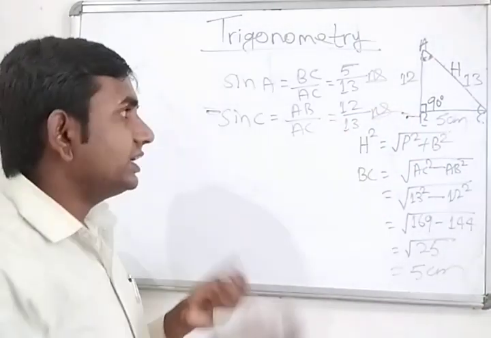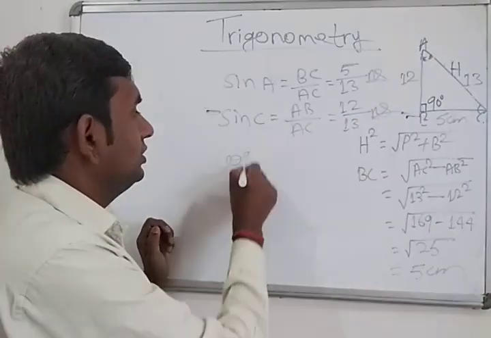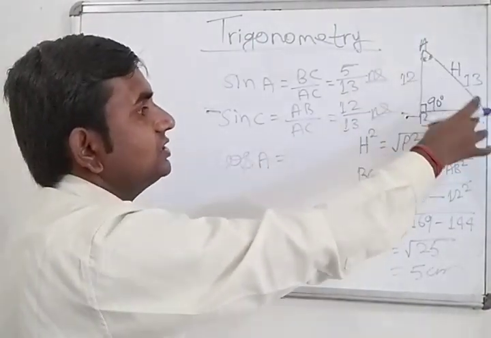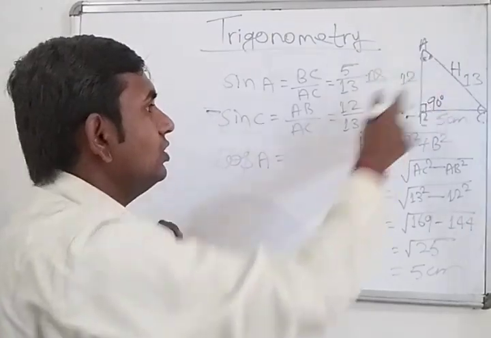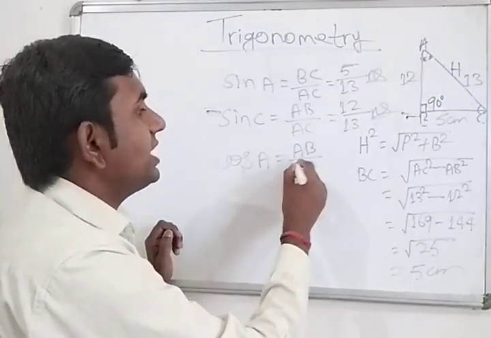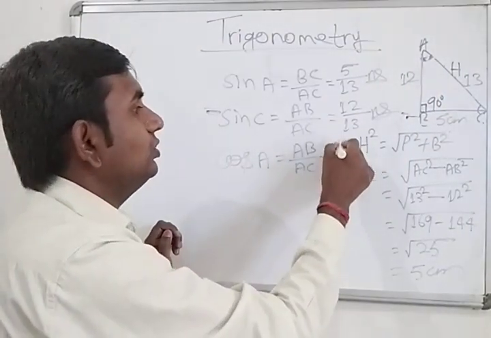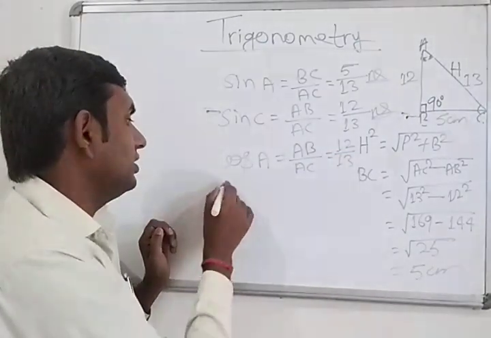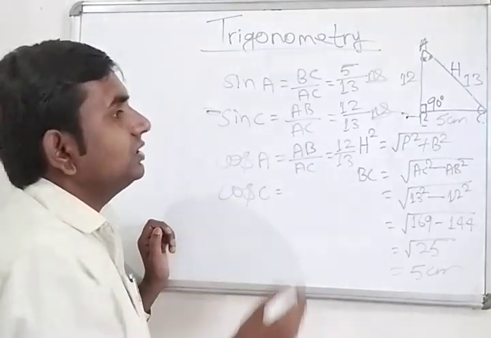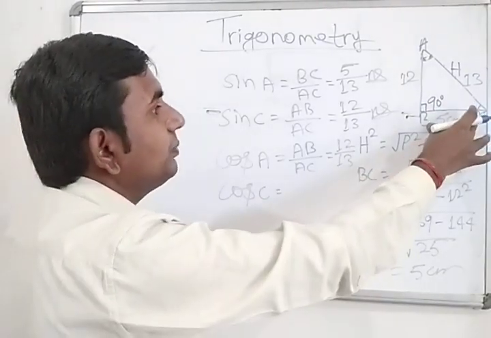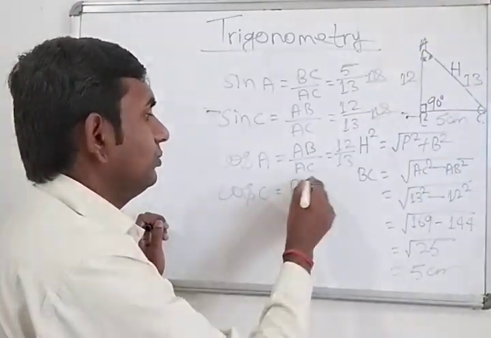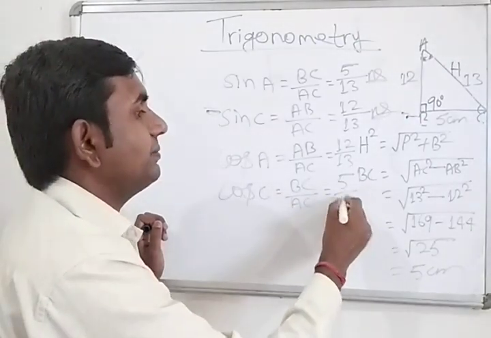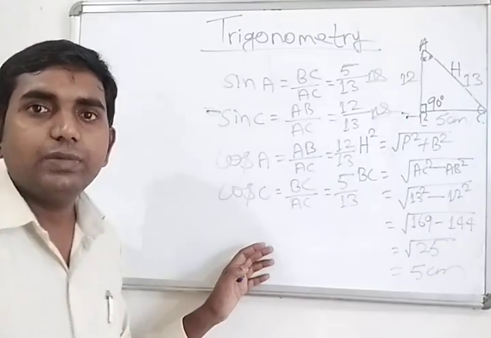Okay, now in case of cos A, this side is BC and this is AC, so it becomes perpendicular and base. So we write AB by AC, and it's equal to 12 by 13. That's cos A, and cos C is equal to BC by AC, so it's equal to 5 by 13.